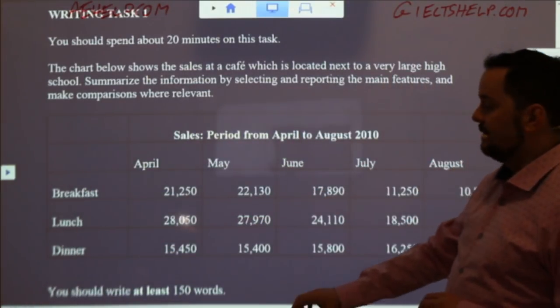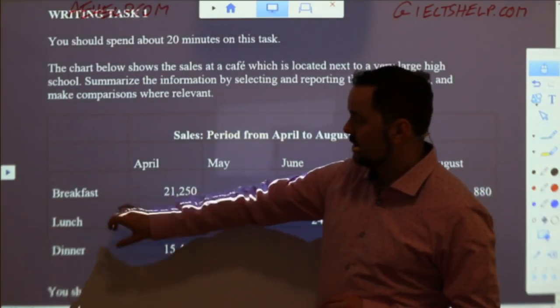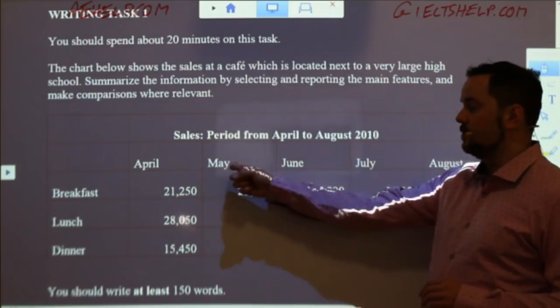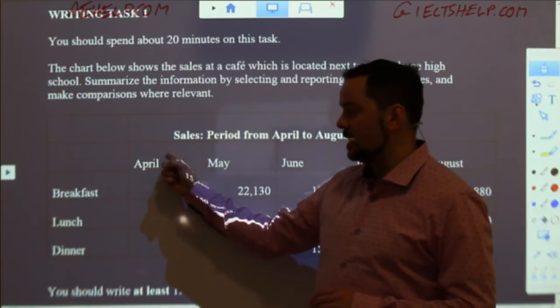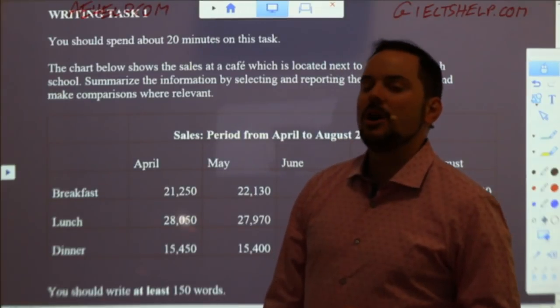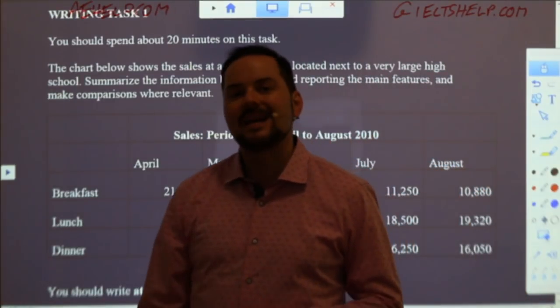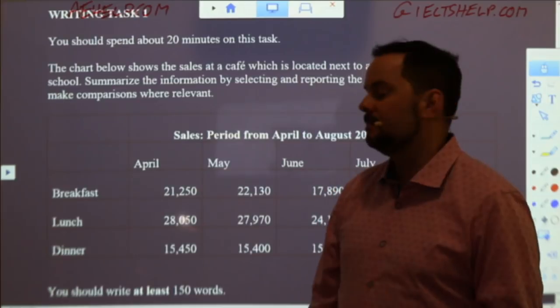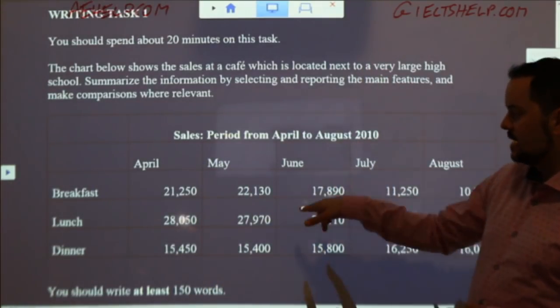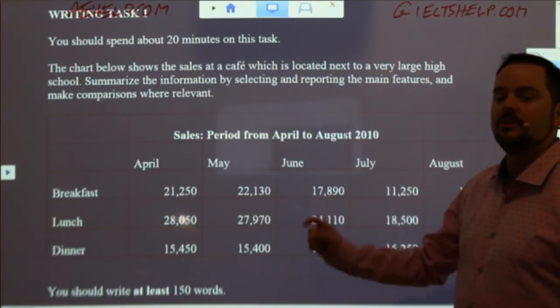Okay, so you have to realize that this is not a joke here, and the months are not a joke here. They're not to be ignored. If you ignore comparing the months, and you ignore comparing the meals of the day, it's virtually impossible to get over 7 on this task. Okay, you have to clearly realize that you need to make those bigger comparisons and not just look at these digits. So you have to do that simple math.